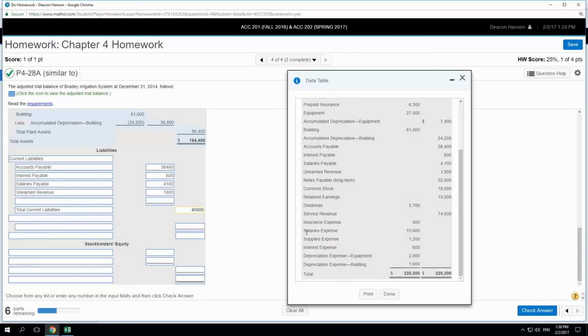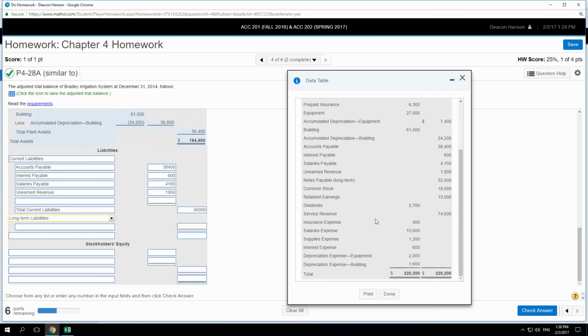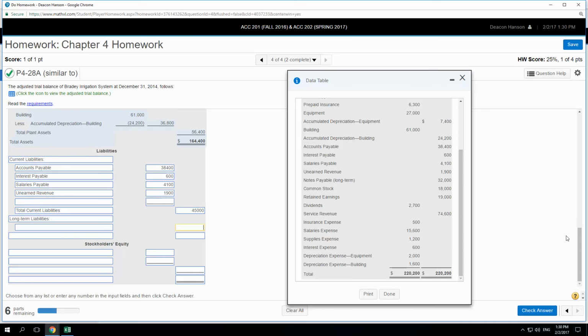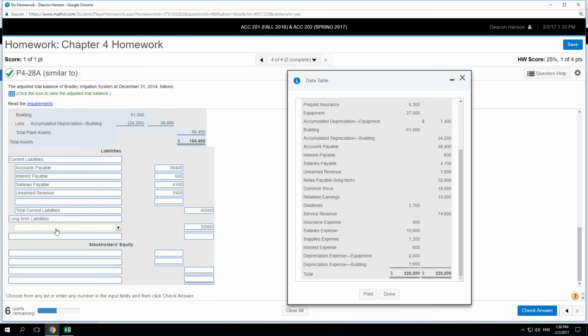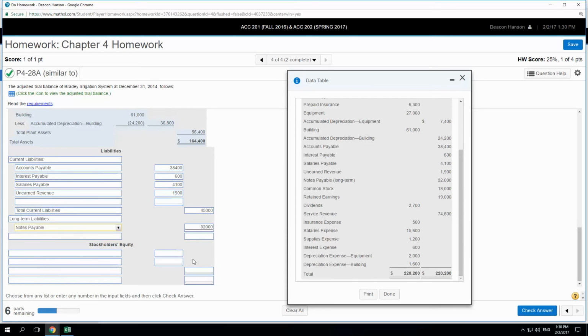Now I'm going to have long-term liabilities. So that's going to be my notes payable of 32,000. So I'll call that notes payable. Okay.